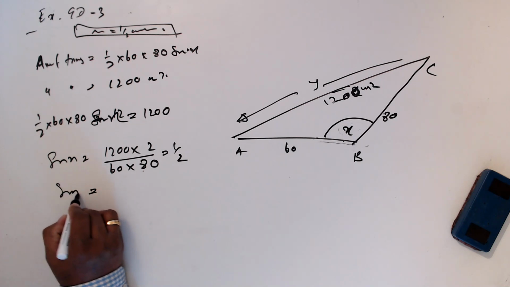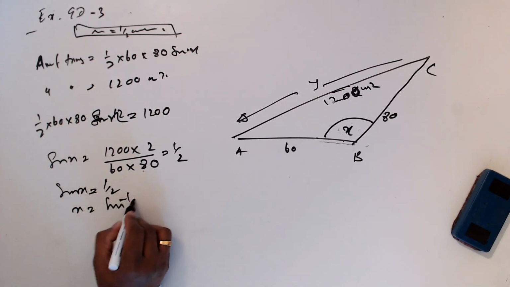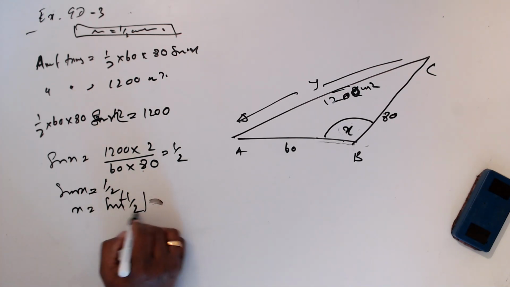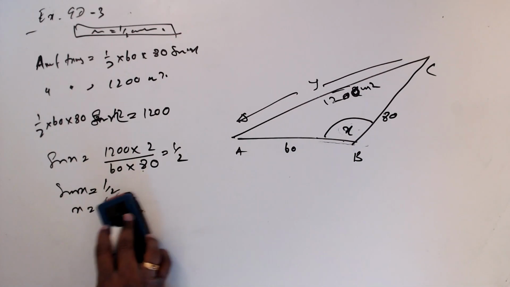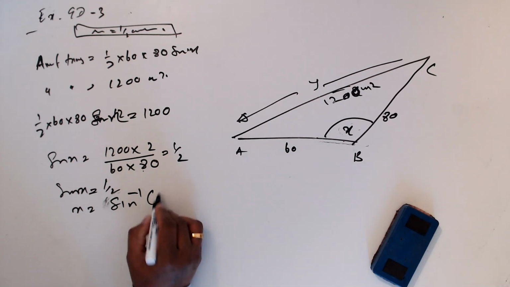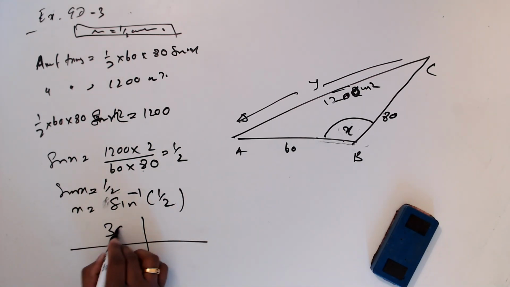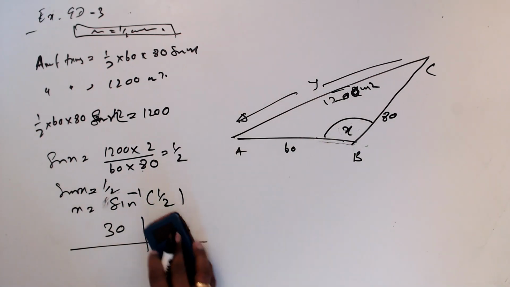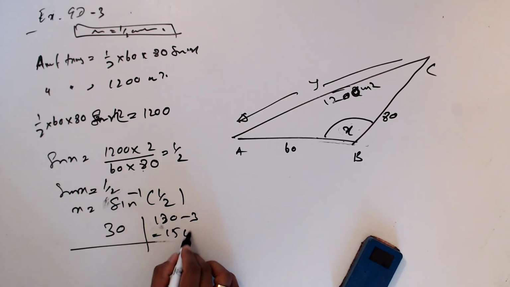So sine x is half. x is sine inverse half, so one answer is 30 and the second answer is 150. 150 means 180 minus 30, which is 150.